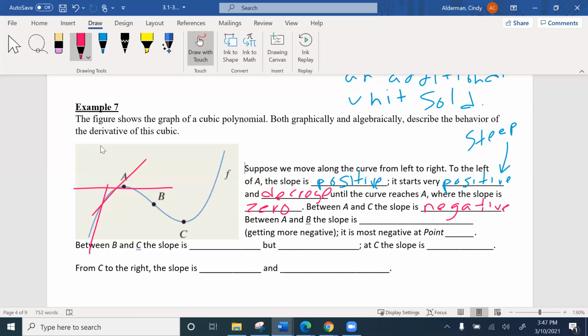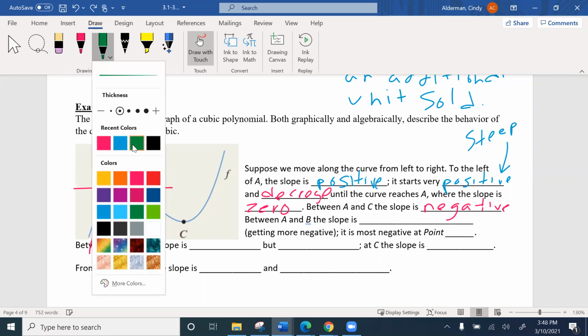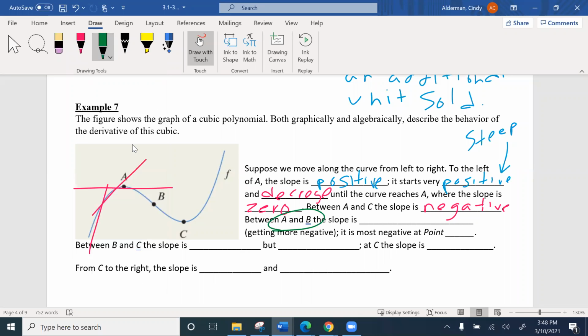Okay, and between A and B, the slope is doing what? I'm not meaning positive or negative, but is the slope decreasing or is it increasing? So notice here between A and B, let me get a different color here. Between A and B, the slope is decreasing.